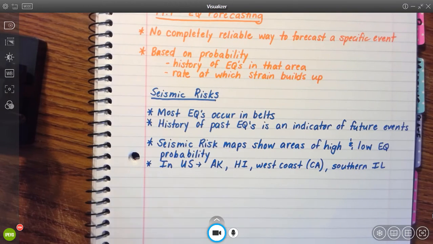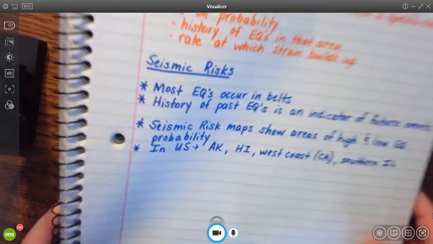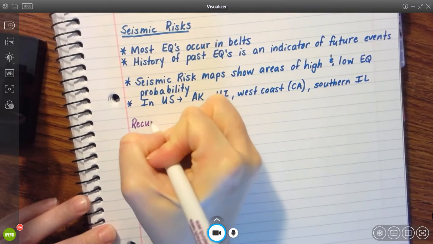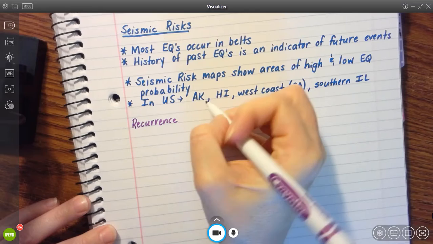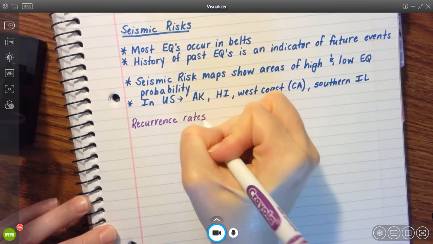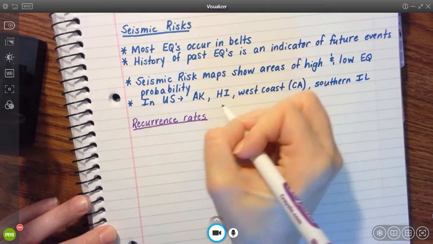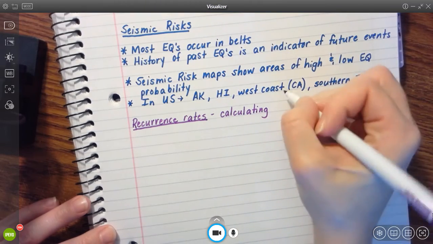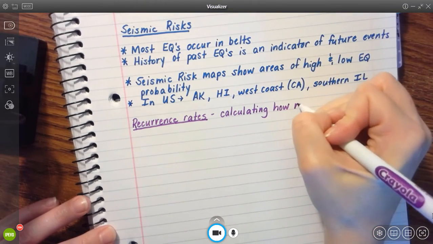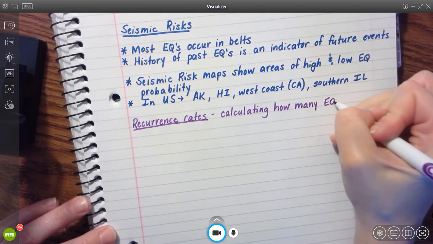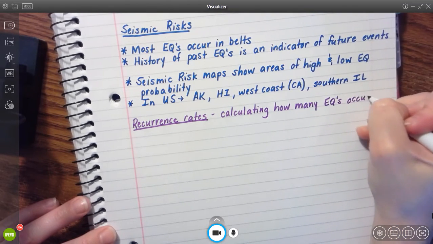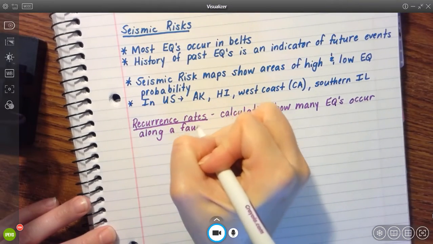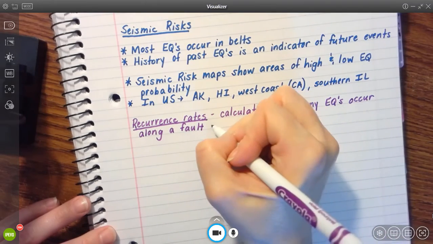So it's pretty interesting. We also talk about recurrence rates when we talk about seismic risks. And recurrence rates basically give you an idea of how frequently earthquakes occur in a certain location. So a recurrence rate means calculating how many earthquakes occur along a fault in a set period of time.